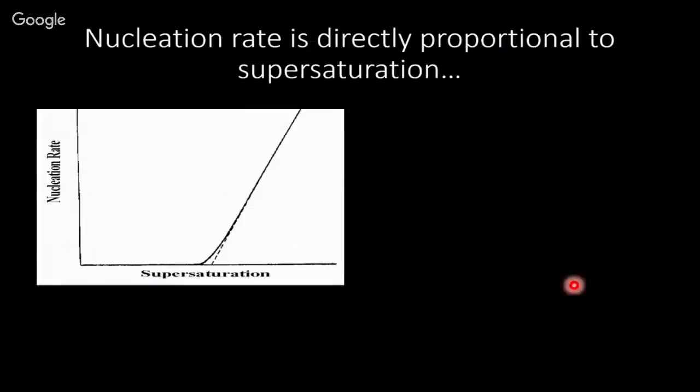This is what the next graph is showing you. The nucleation rate is directly proportional to supersaturation, so if you increase the supersaturation, the nucleation rate goes high. When you have a large number of nuclei, you're going to have smaller particles, right? Making nanomaterials is all about avoiding extensive growth of the particles. You want to minimize their growth and make them as small as possible.